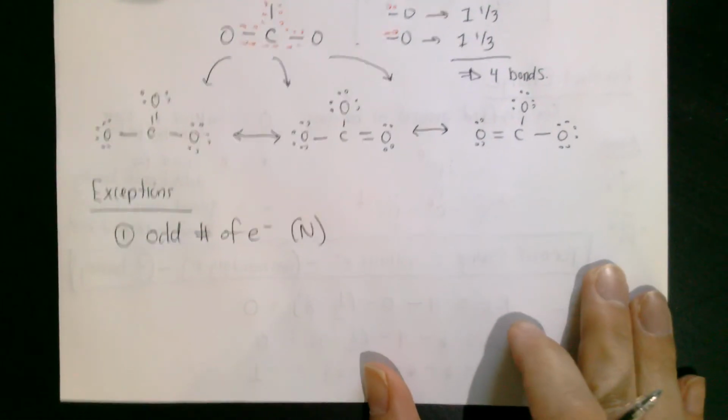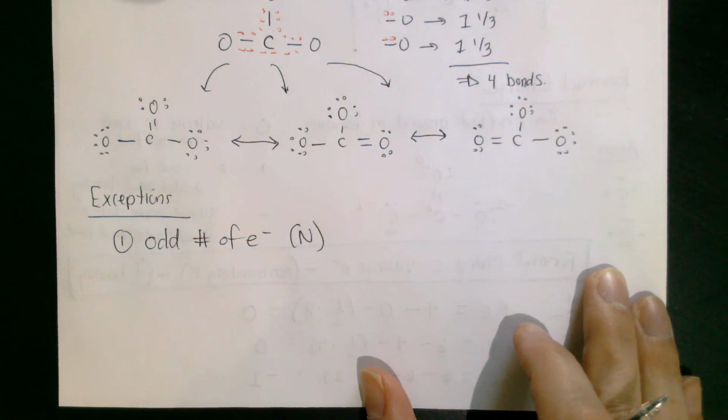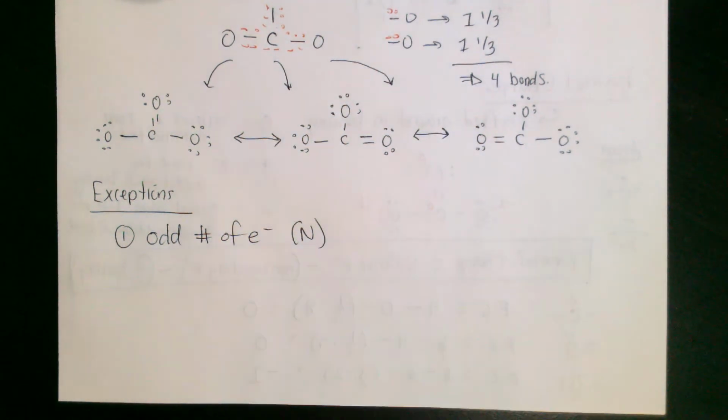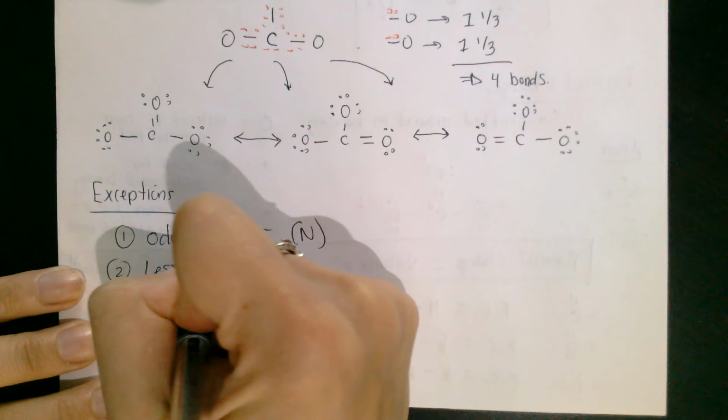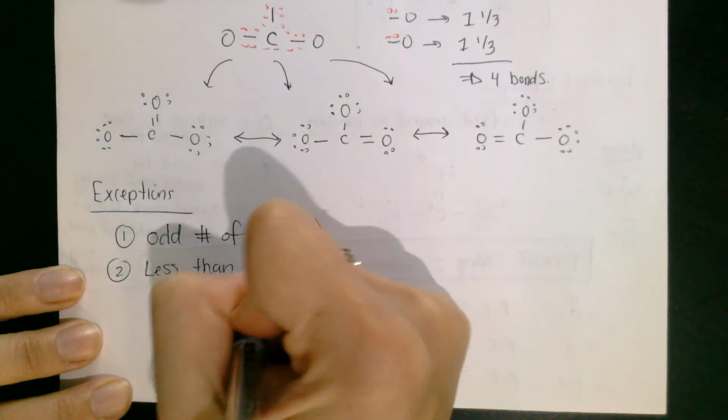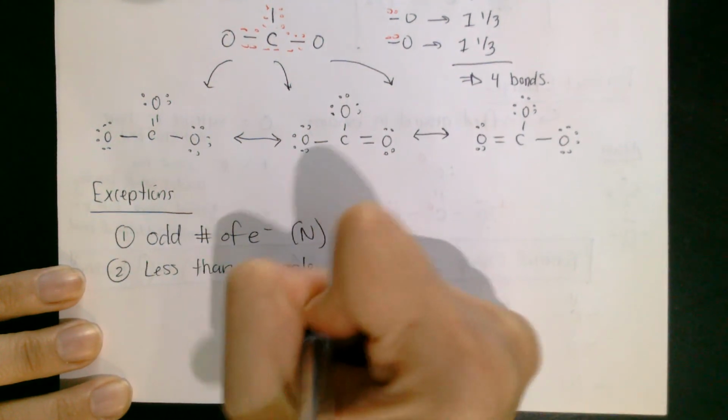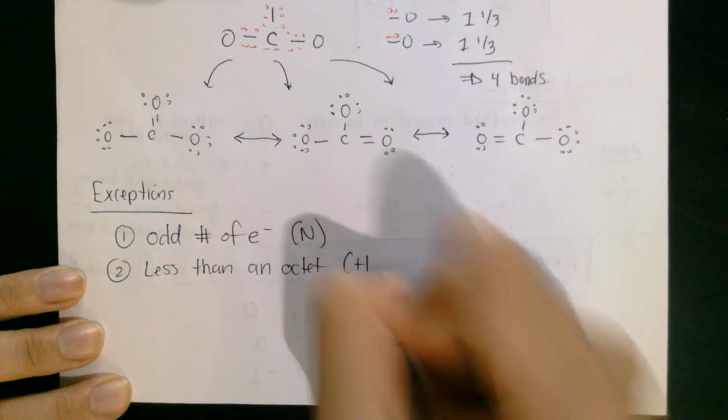Some atoms are stable-ish with an odd number of electrons. So instead of having an octet, maybe you're looking at a septet, so like 7. That's common with nitrogen. You do see that. Next, we have less than an octet. We've definitely seen that with hydrogen.